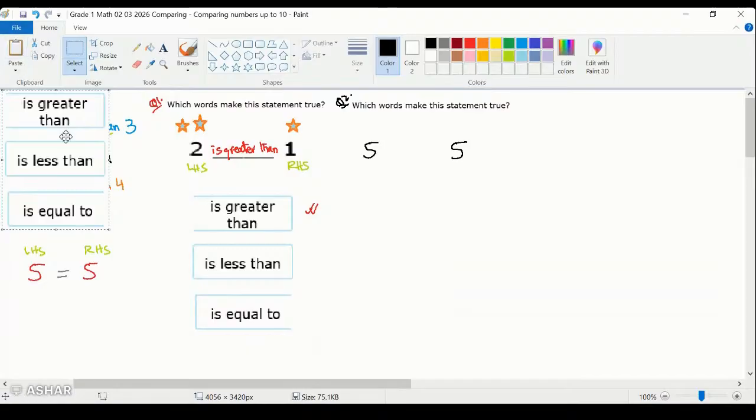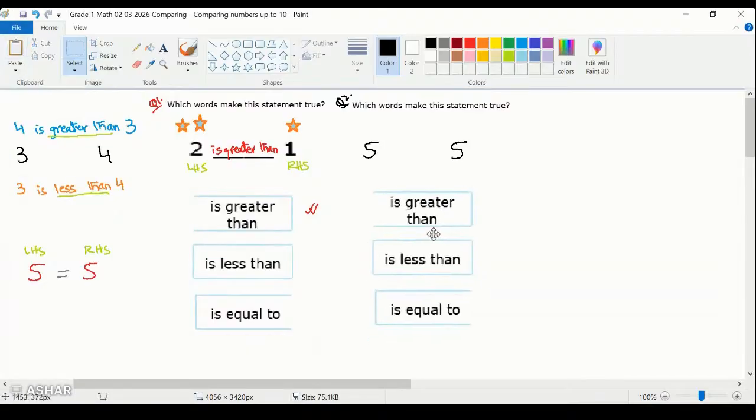If we have 5 on the left hand side and 5 on the right hand side, they both should be equal. 5 is equal to 5. Agreed? They both are equal.